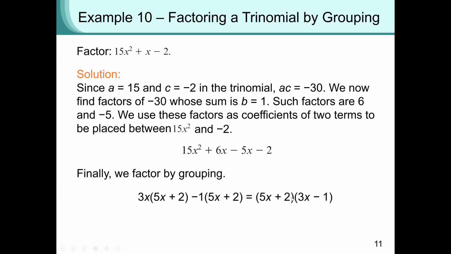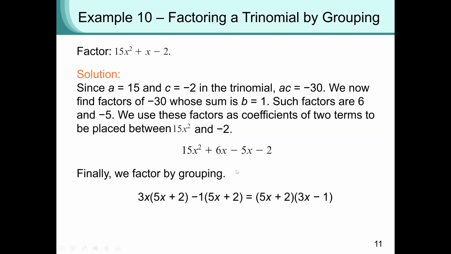But one more, this is the best method. I always tell students, use this method instead of the first method, because here it's called the AC method. Take the first coefficient, which is the A value, and the last coefficient, or the constant value. 15 times negative 2, multiply the two, we get negative 30. Now look for two factors of negative 30 that when you combine or sum them, you get positive 1 because B is 1.